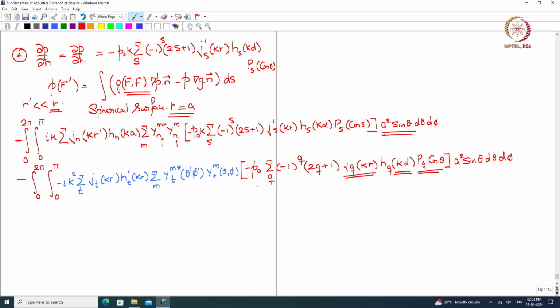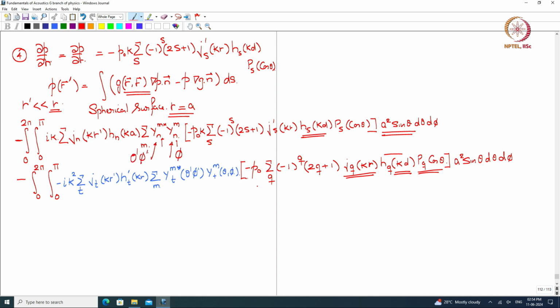Now the problem posed is axisymmetric. It has phi symmetry. D here is just a scalar value. The only place we have phi is in Ym star, and n has theta dash phi dash.